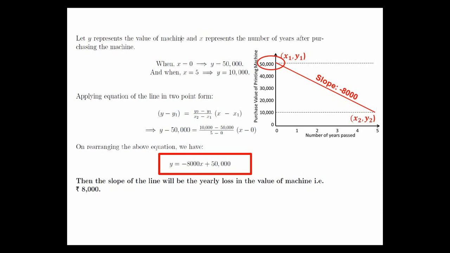Hence the answer is that there will be a yearly loss of 8000 rupees. The y-intercept will be the product value at t equals 0, or at the time of purchase. Thank you.